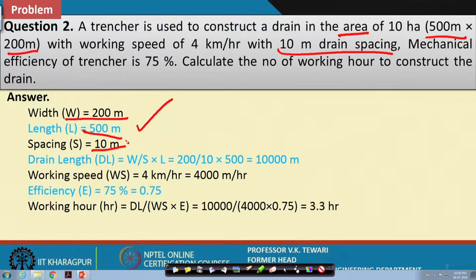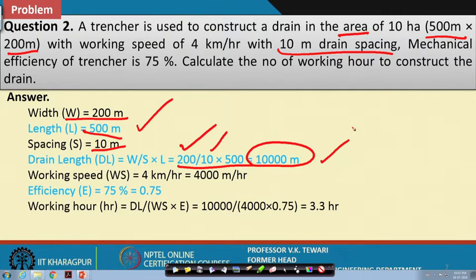So the drain length depends on the total width and the spacing of 10, multiplied by 500, which is the length. Accordingly you get about 10,000 meters of drain length.